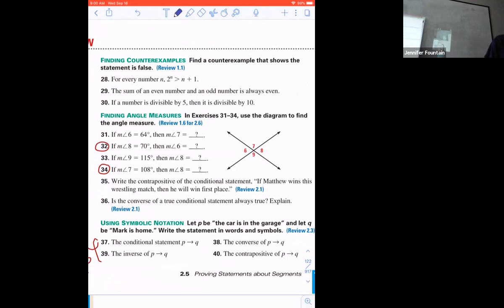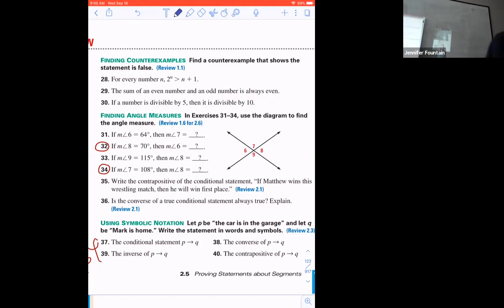So what is the measure of angle 6? What is the relationship between angle 6 and angle 8? They are congruent because they are vertical angles. Vertical angles are congruent, and if they're congruent, then they have the same measure. So if the measure of angle 8 is 70 degrees, then the measure of angle 6 is also 70 degrees.